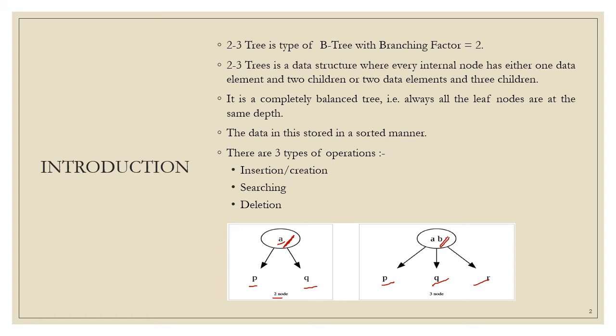And the data stored in the 2-3 trees is also in a sorted manner, meaning that the P element is less than the A element and the Q element over here is greater than the A element. Similarly, here also P is smaller than both A and B, R is greater than both A and B, and Q lies in between A and B.